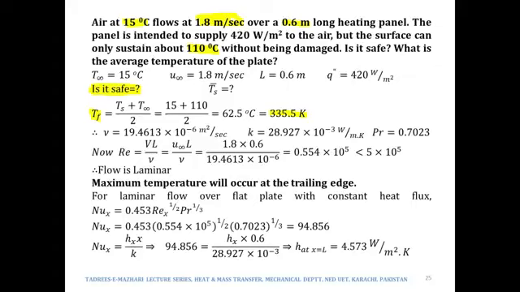But over here, we need to make sure that the temperature does not go beyond 110 degrees Celsius. So we need to dig into where the maximum temperature would occur over the plate. In fact, maximum temperature will occur at the trailing edge, means where the plate ends.